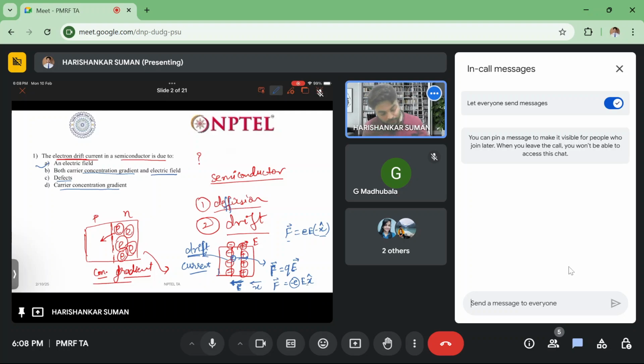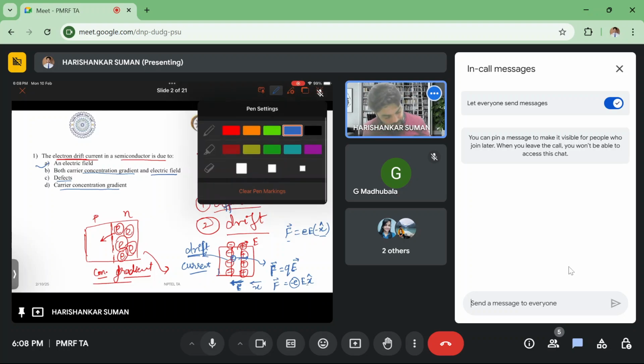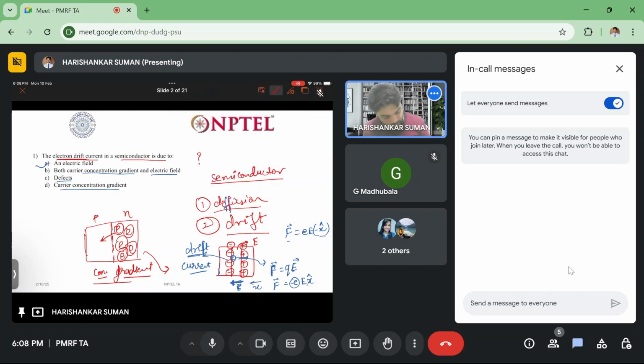If I have an electric field like that, this is positive, positive, positive, negative, negative, negative.